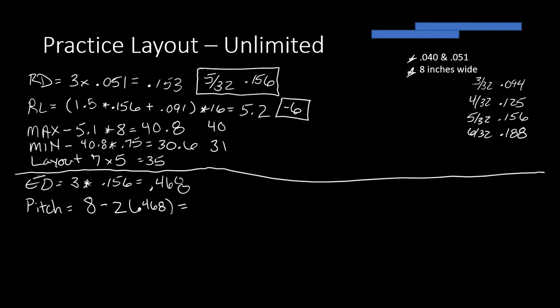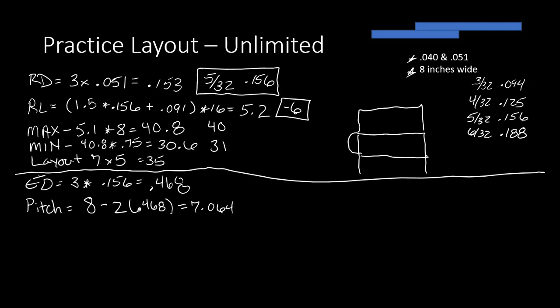So we have 8 minus 2 times parentheses 0.468. You don't have to put it in parentheses, you could just subtract it twice. But you should end up with 7.064. Now what does that mean? If I drew the little layout, I've got 2 pieces and they're going to overlap each other.